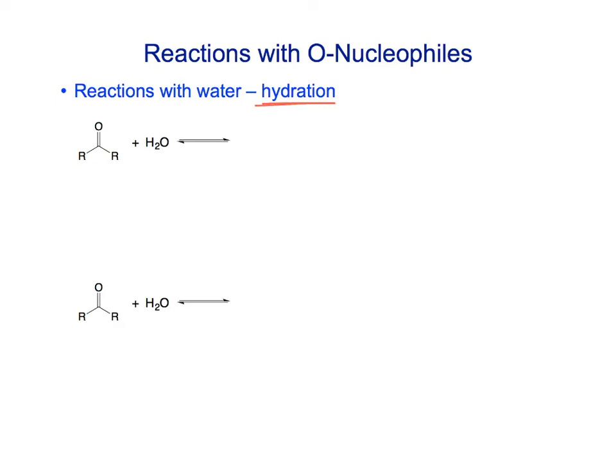So let's look at how it takes place. Let's say we add some acid. It could be a catalytic amount of acid. We only need a small amount because we're going to use it and then regenerate it. If we have a ketone or an aldehyde, where is that functional group going to protonate?